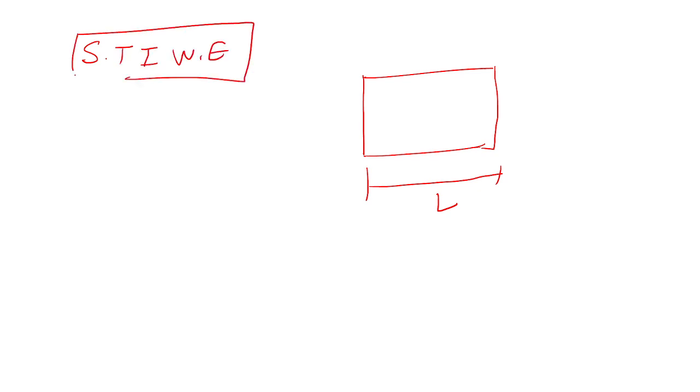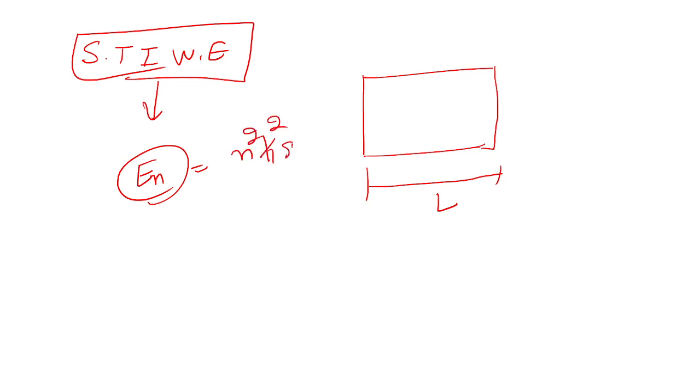We got the energy of that particle: En equals n squared h cross squared pi squared over 2mL squared, where L is the length, or the width, of the region in which the particle is moving in one dimension.